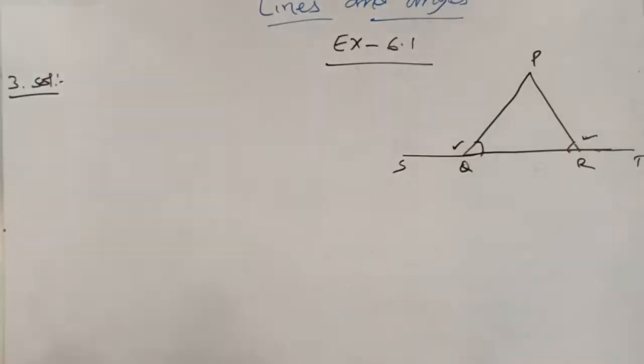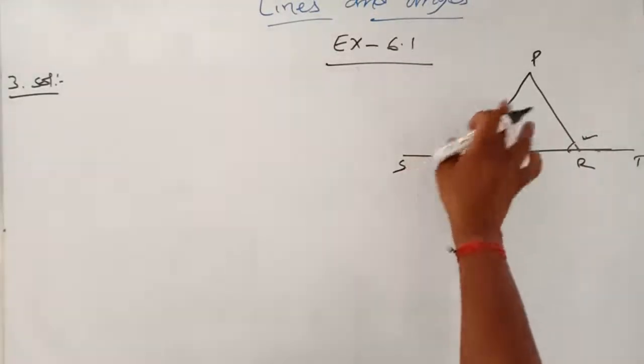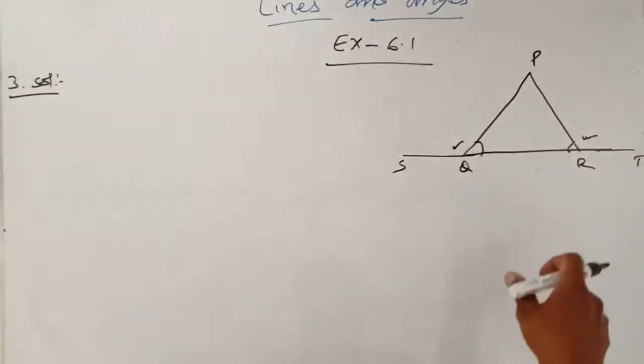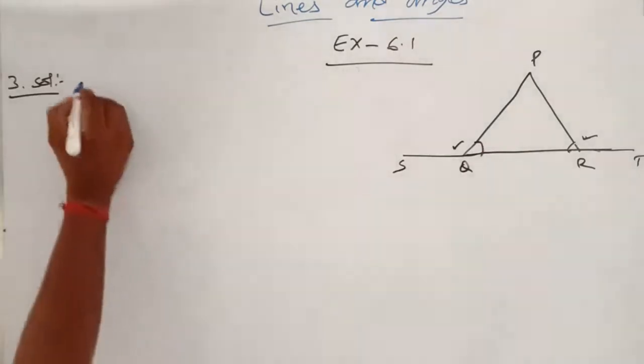So clearly ST is a straight line. An exterior angle is equal to the sum of two opposite interior angles. On that basis, I am going to prove it. So here ST is a straight line.